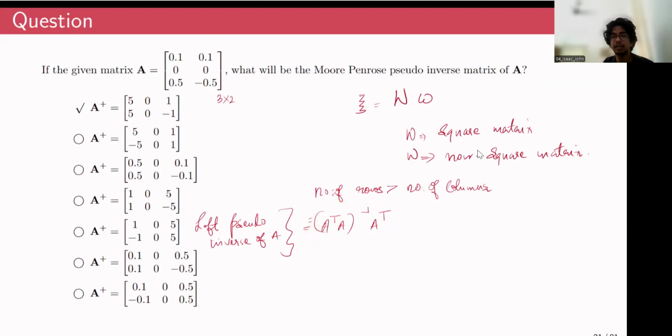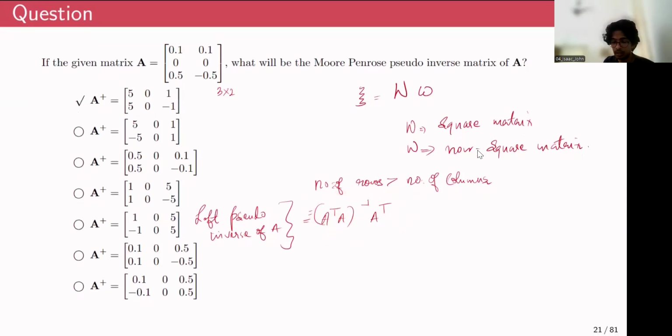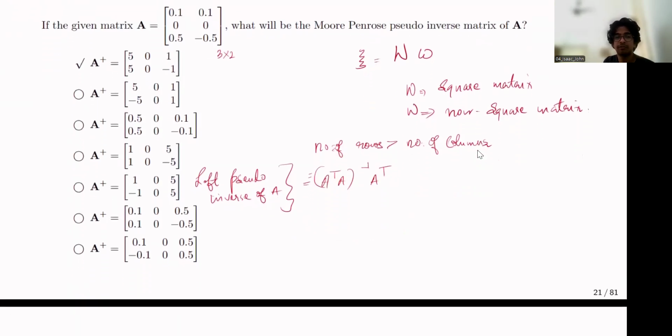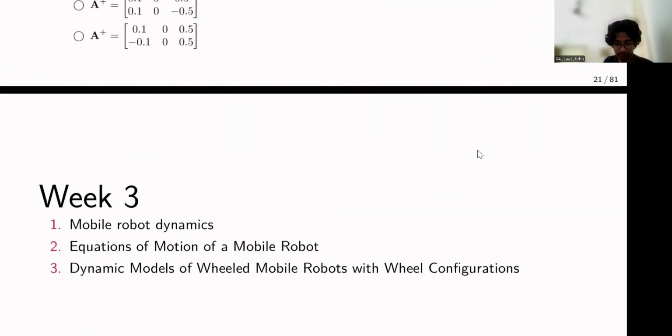It's not that difficult, but it requires some linear algebra manipulations to arrive at this expression. All right, so those are the typical questions that we face with week 1.